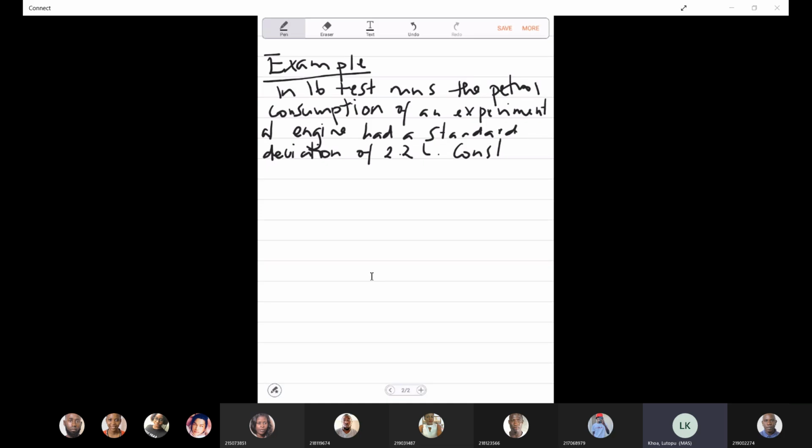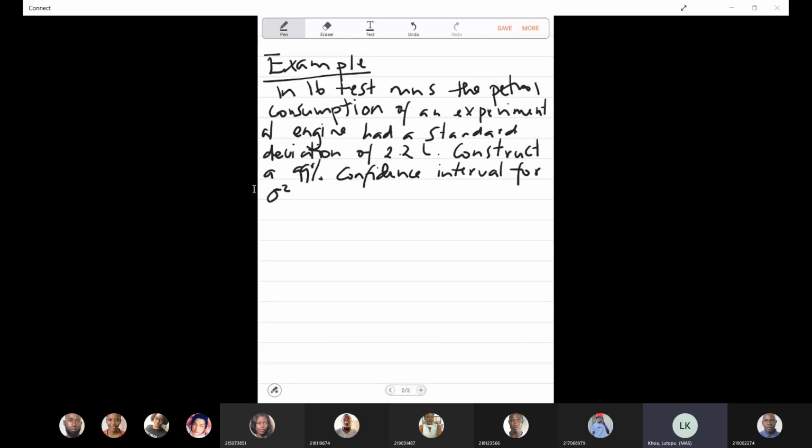Then we have to construct a 99% confidence interval for the variance sigma squared.